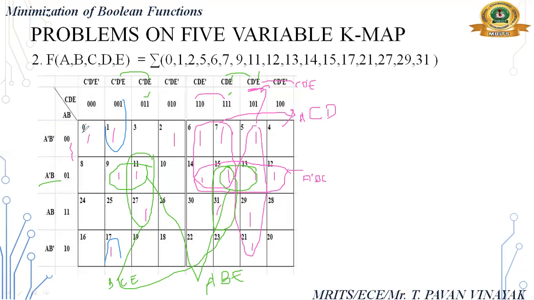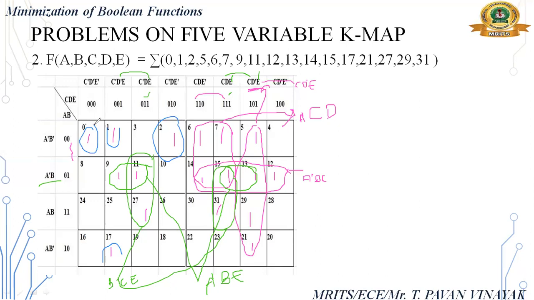Suppose I take 0 and 1 as a pair, 2 and 6 as one pair, 1 and 17 as one pair. We get 3 pairs. 2 pairs is best, so go for 2 pairs. So combine these two and these two. That is the advantage.